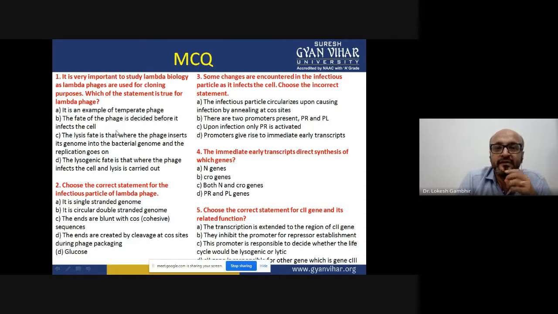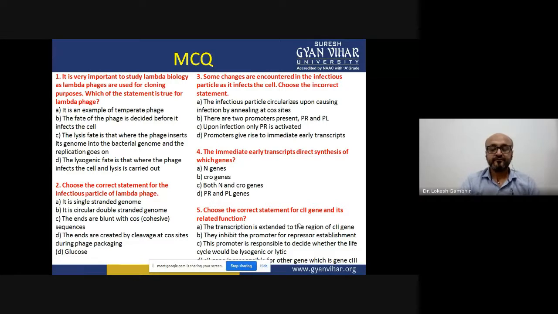When we are talking about these options, you should first go through the concept, and only then be able to answer these MCQs, like which is the correct statement for C2 gene and C3 function. In further reading, you may understand the role of C2 function. We have clearly understood what is CRO, what is C1, but we have not touched C2 and C3. So you should understand the critical role of C2 and C3 also.